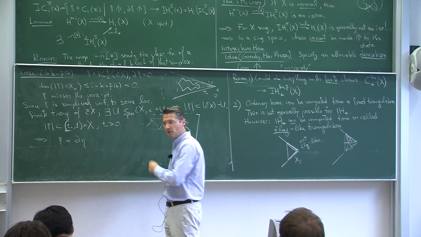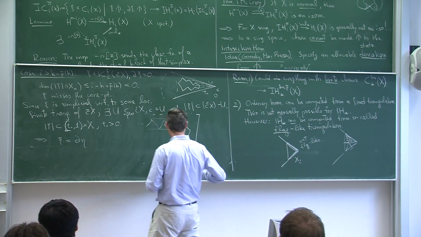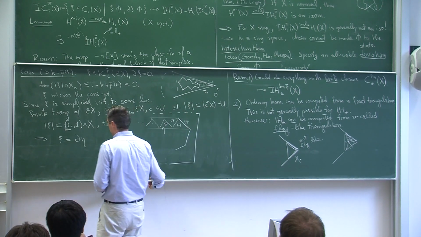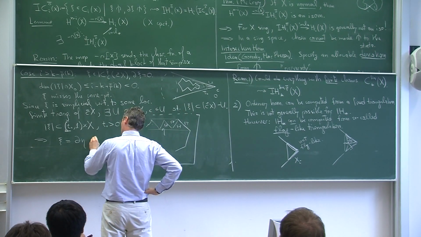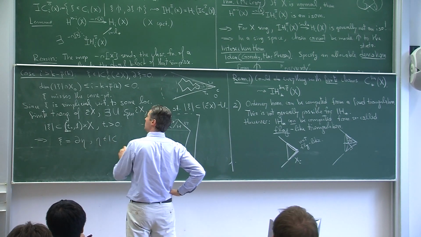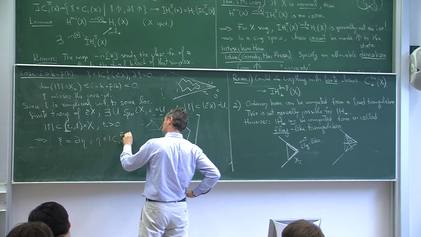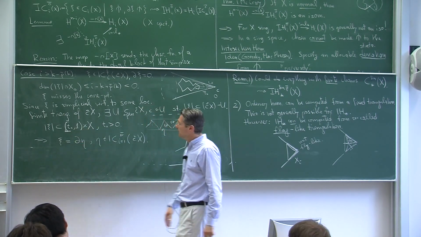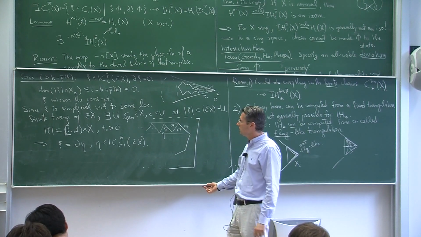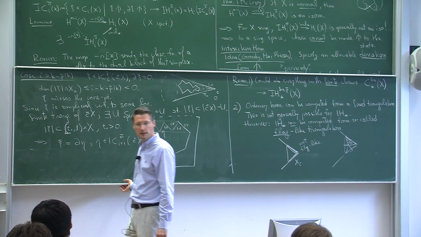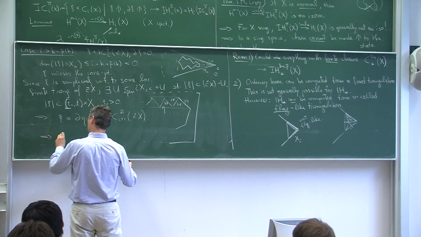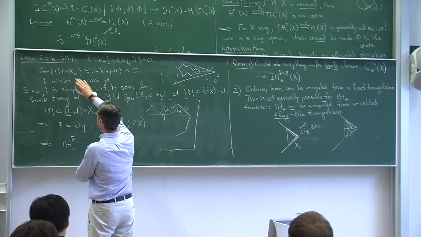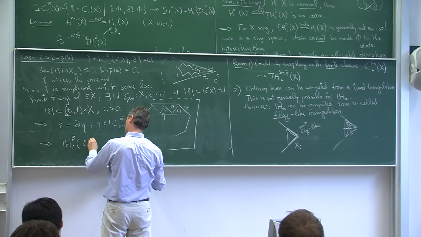Anyway, it stays away from the cone point, so there's no problem. It goes to the other side. So this would be the eta. So eta is an intersection chain, one dimension higher, with the same perversity on the cone, but actually supported in that region. And so therefore, the intersection homology of the cone is 0 in that range. So we conclude the intersection homology, perversity p, for such i vanishes.